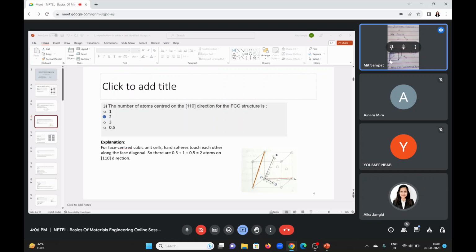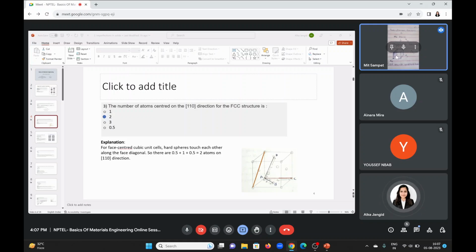Okay, then on which axis is it cutting? If this is the x-axis, this is the y-axis, and this is the z-axis. So on Y, it will be 010.